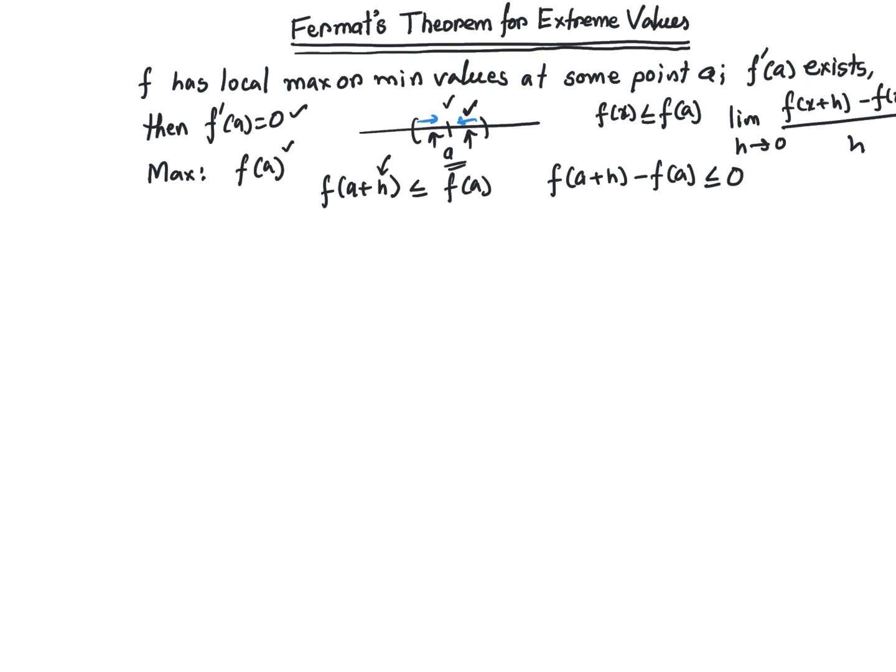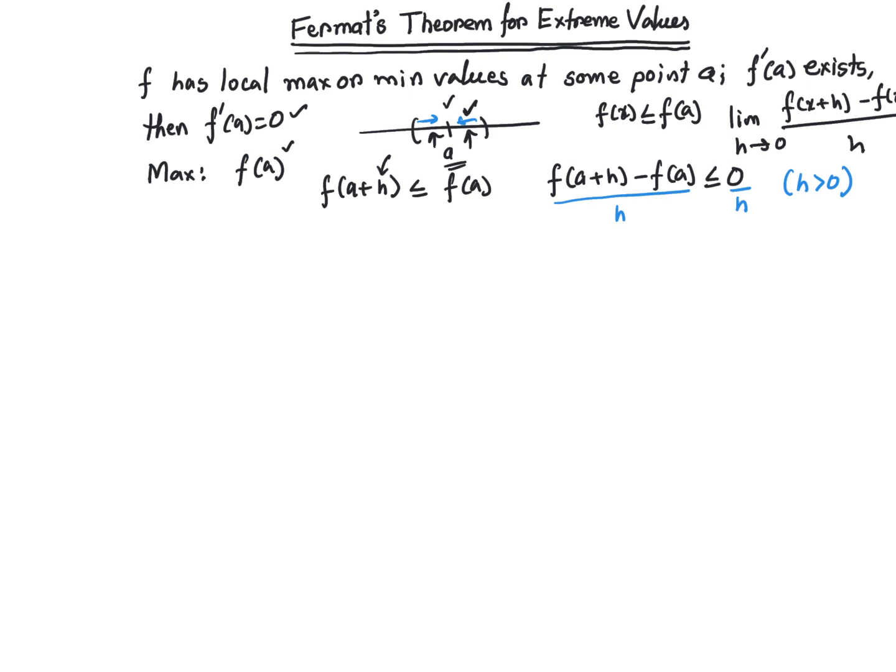Now let me do some algebra here. I'm going to divide both sides of this by h. I'm assuming h greater than 0, the positive case. If I'm dividing by a positive number, that's not going to change anything.